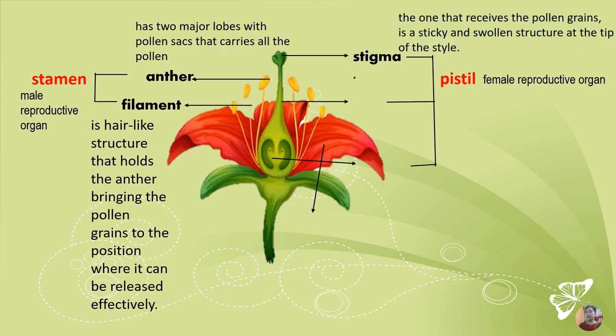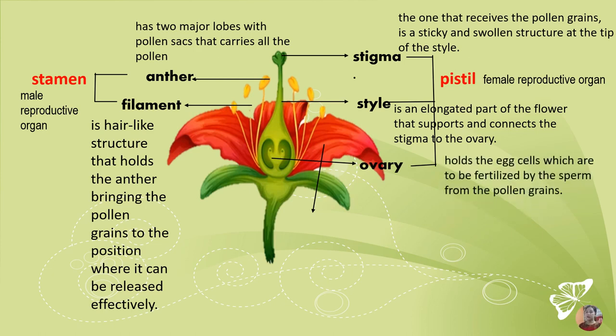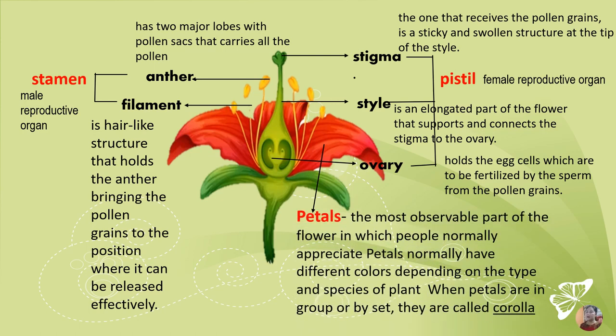It is the one that receives the pollen grains. It is a sticky and swollen structure at the tip of the style. Next, style is an elongated part of the flower that supports and connects the stigma to the ovary. Ovary. It holds the egg cells which are to be fertilized by the sperm from the pollen grains.